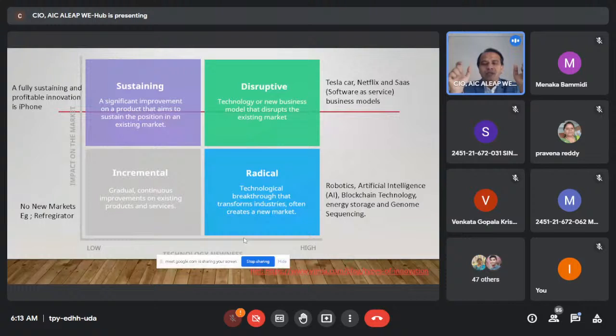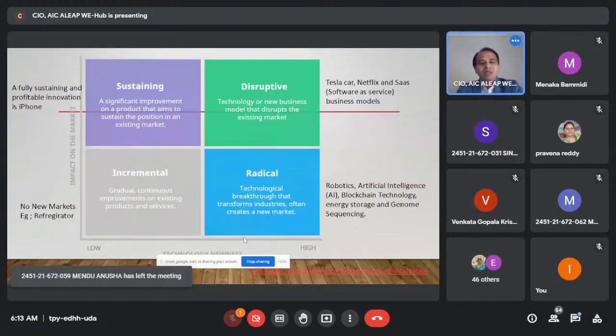So when we talk about the next two types, that is sustaining and disruptive. You have a sustaining innovation where the product will be in existence in the market for a long time. I'm going on the y-axis from below 0 up to the top.